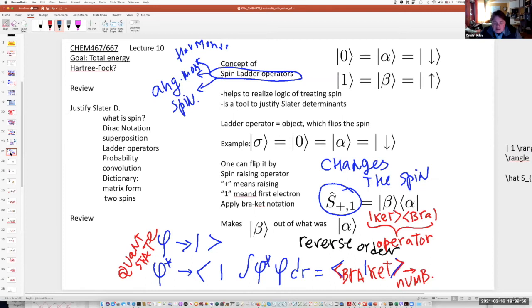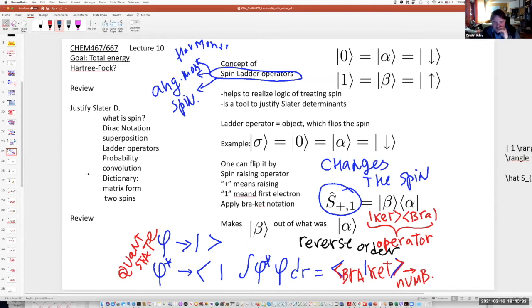So by external perturbation, by specific electromagnetic radiation, one can make the spin flip, change its orientation from up to down, or from down to up. And if you want to introduce the math for this flip of a spin, we need a spin flip operator that converts alpha into beta.